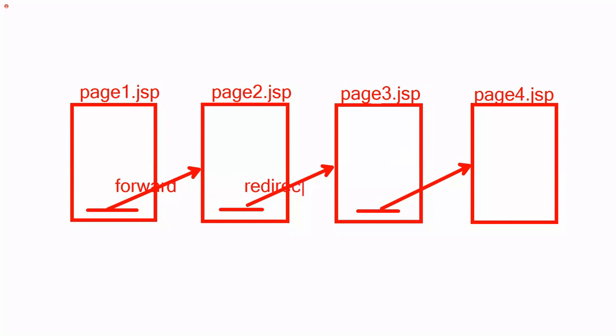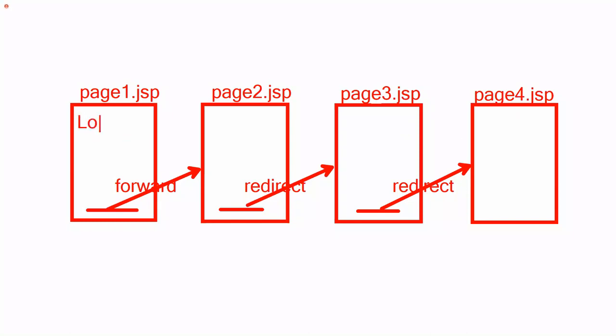Like this. Here to here, suppose forward. Here to here, suppose redirect. Here to here, redirect. Forward, redirect, redirect. Okay. Now, from this page to this page, is the same request coming or a new request? Same request. This page to this page, new request. Again, this page to this page, new request.